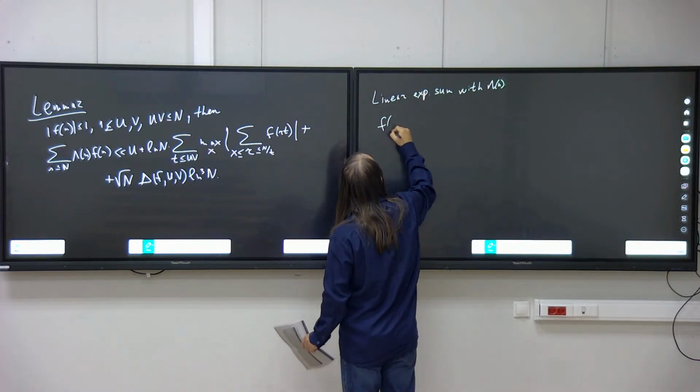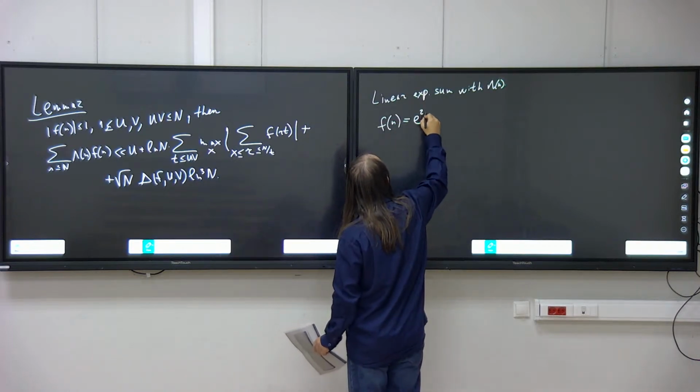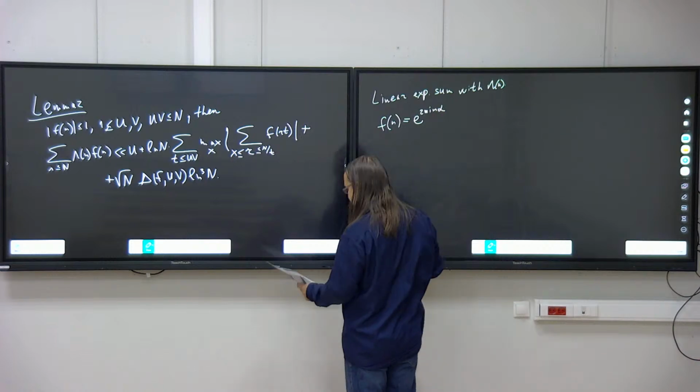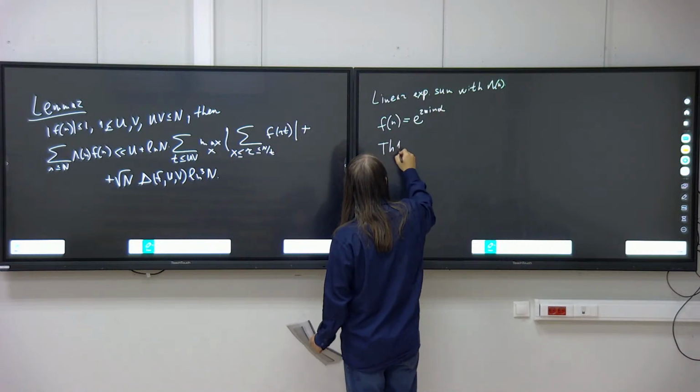So take f of n to be e to the power 2 pi i n alpha. Then you get the following theorem.